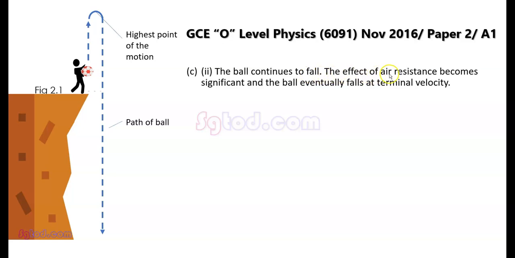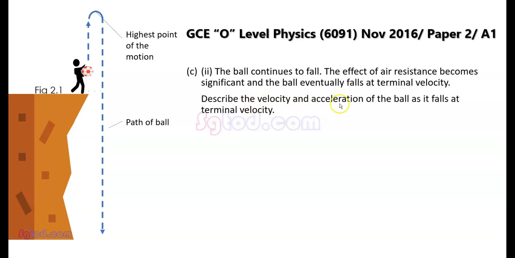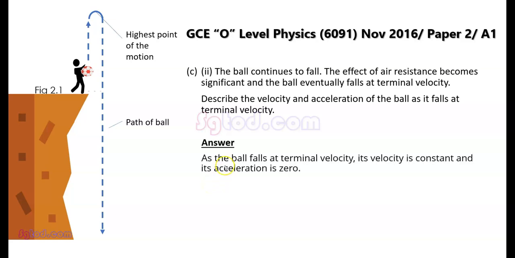The effect of air resistance becomes significant and the ball eventually falls at terminal velocity. Describe the velocity and acceleration of the ball as it falls at terminal velocity. This is a simple question. You can state that at terminal velocity, the ball's velocity is constant and its acceleration is 0.